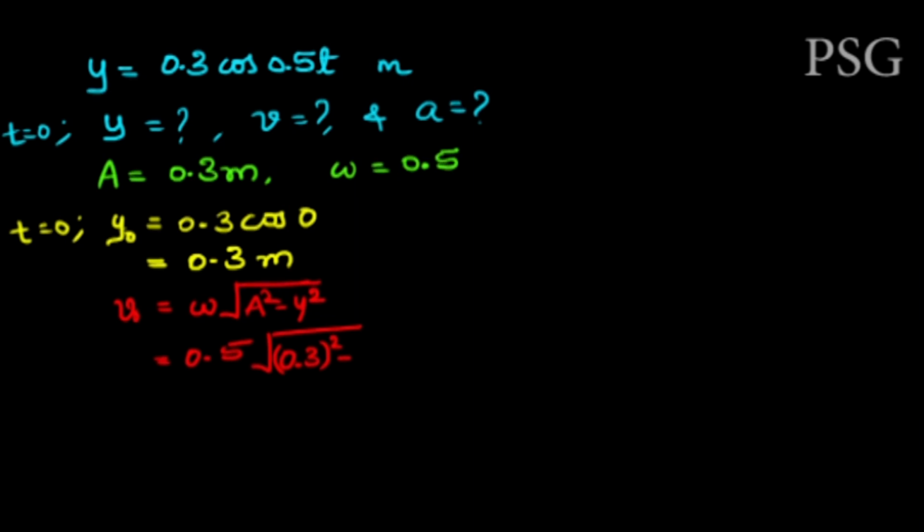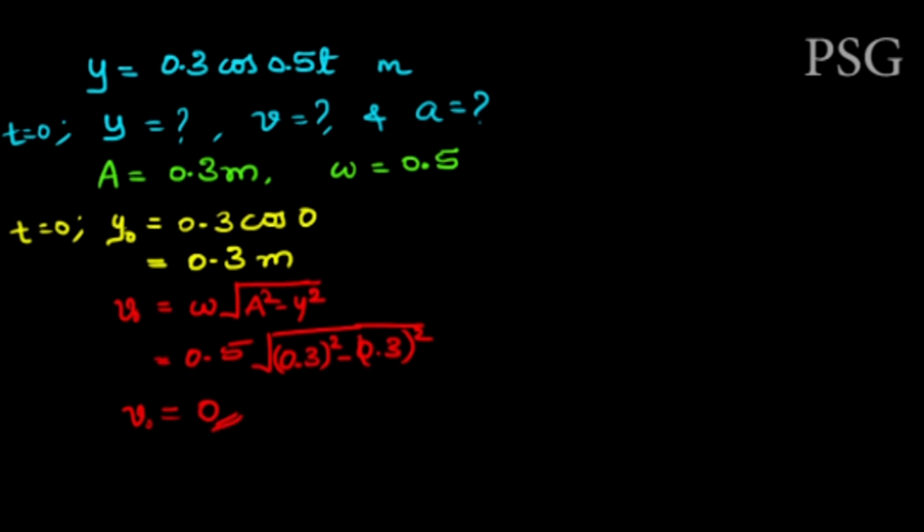Its displacement is 0.3, so it is 0.3 squared. That means the term inside the square root is 0 and v naught is 0, so its velocity is 0.